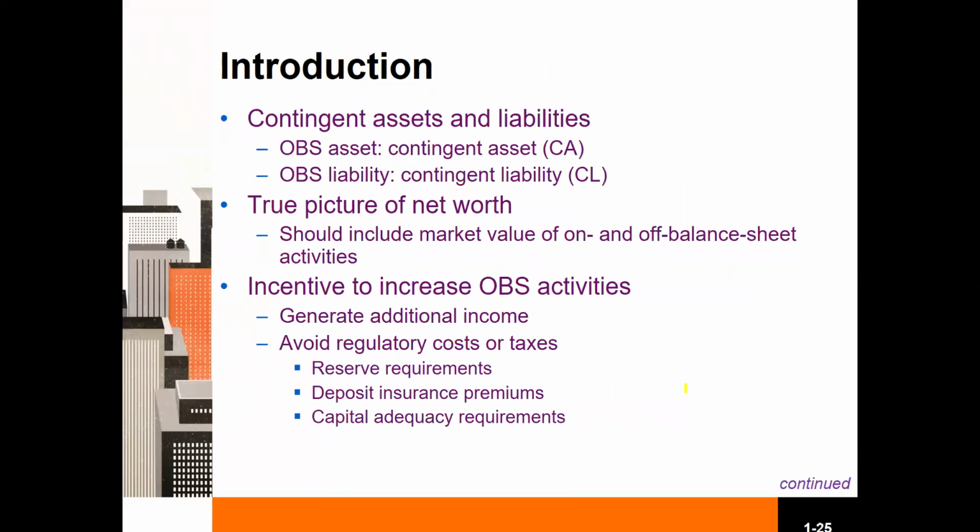So first of all, off-balance sheet activities, what do we mean by them? An item or an activity is an off-balance sheet asset if, when a contingent event occurs, the item or activity moves into the asset side of the balance sheet. Conversely, an item or an activity is an off-balance sheet liability if, when a contingent event occurs, the item or activity moves into the liability side of the balance sheet.